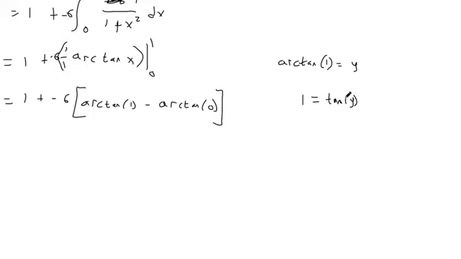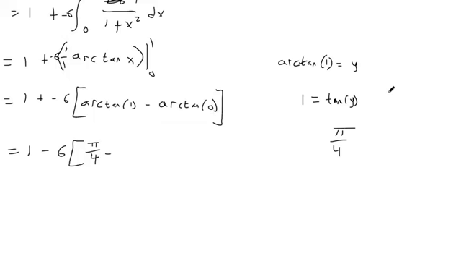There's actually 2 angles that make that happen. You'd have a 45-degree angle, which is pi over 4, and then the other one would be, I guess I'd have to think about it, but I think the convention is to always just take the first one. So the y value we need is pi over 4, because tangent pi over 4 is 1. So there's 1 minus 6 pi over 4 minus arctangent of 0.